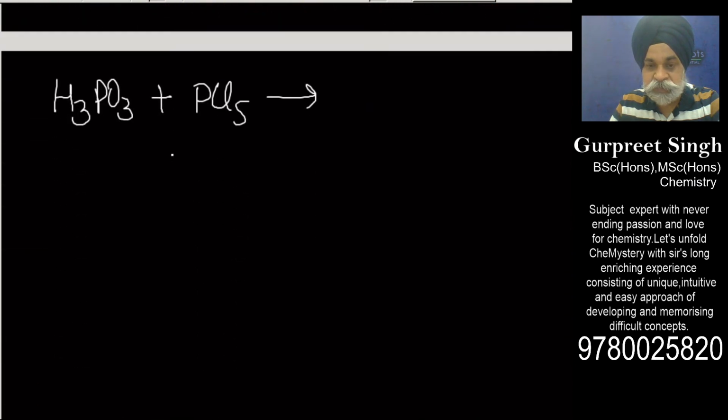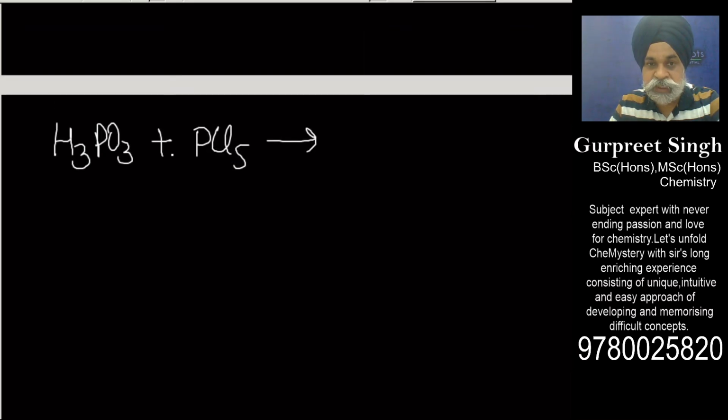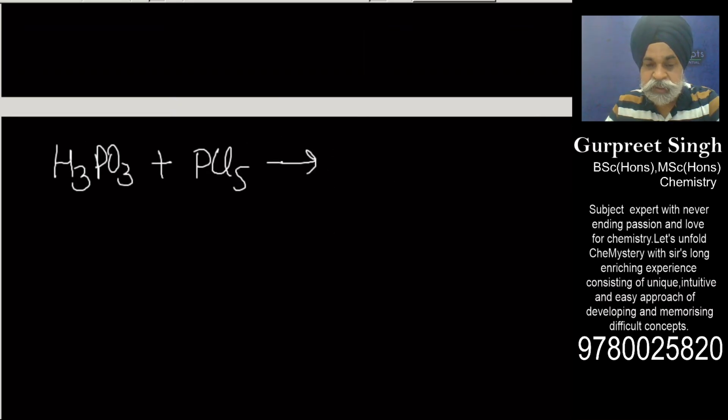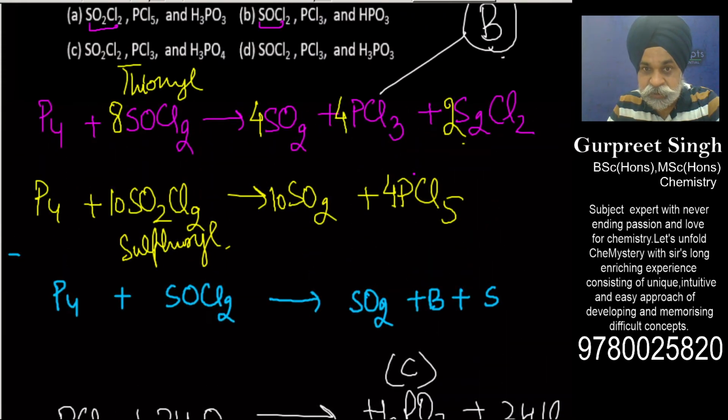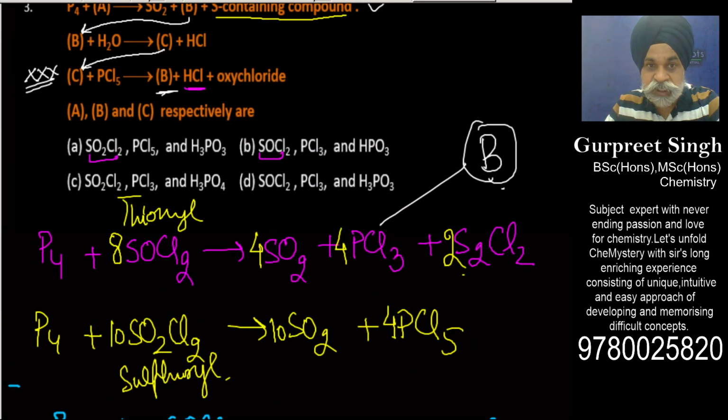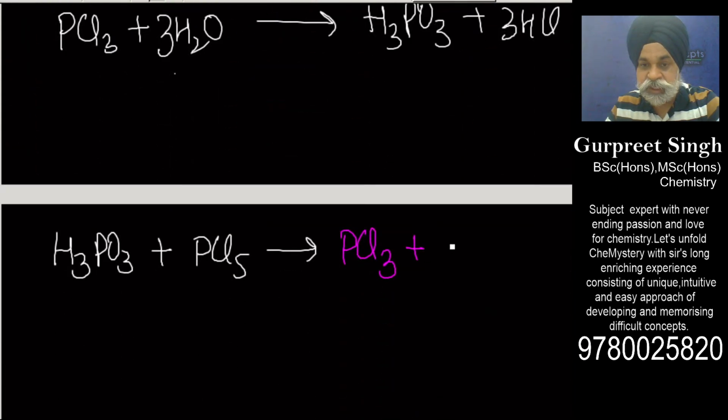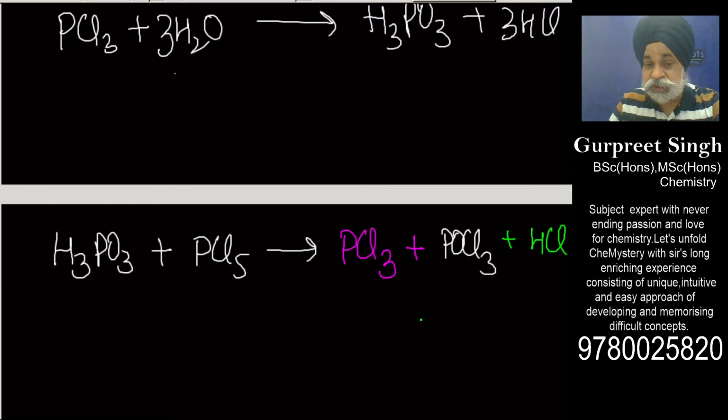B had been PCl3, and along with it you would get HCl. Just see here, you would get HCl along with an oxychloride. The oxychloride you end up getting here is POCl3, and along with it you also get HCl. Now this is a very interesting question.